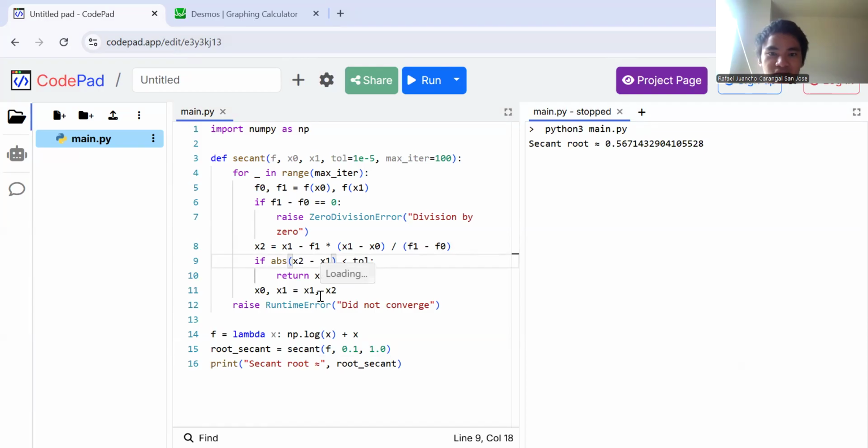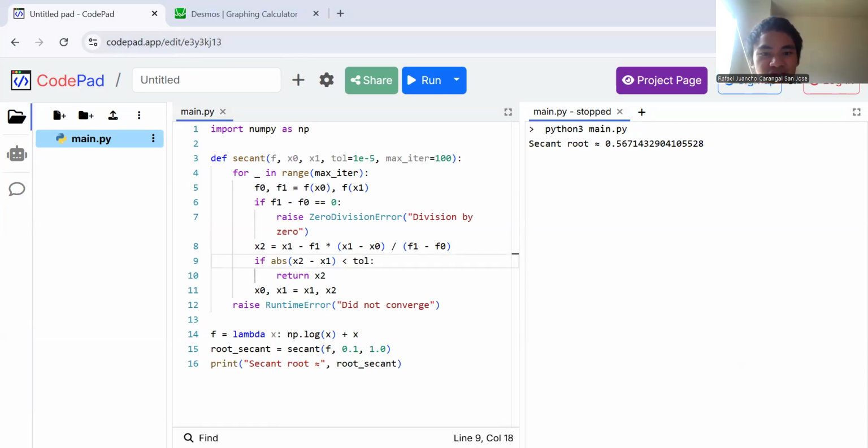So again, I think personally that's what's important about finding roots. It's that we cannot always rely on analytical solutions to find these roots or to find these solutions. Sometimes we have to get approximate ones, and we can get better and better approximations using numerical methods such as these three.